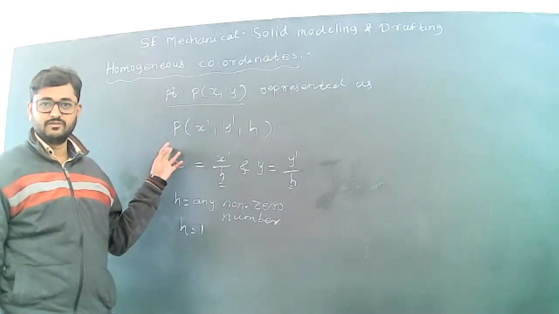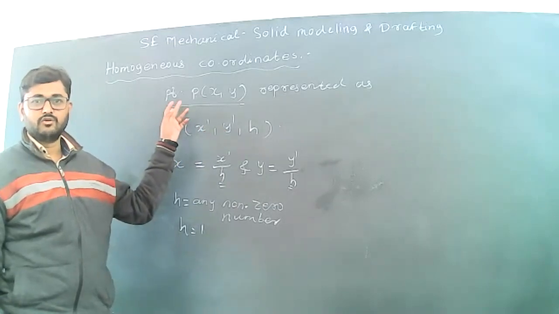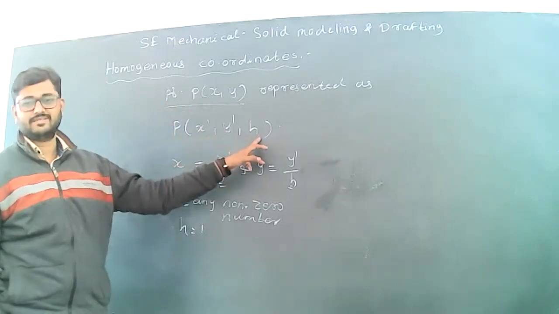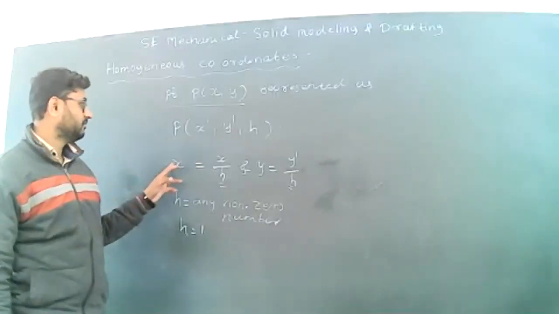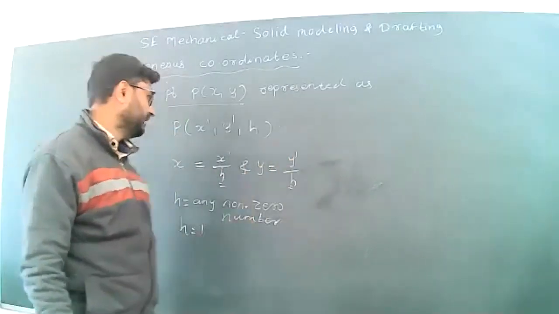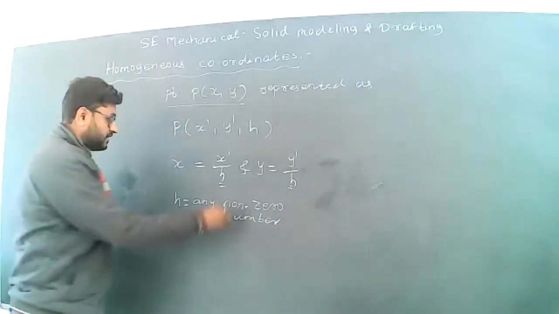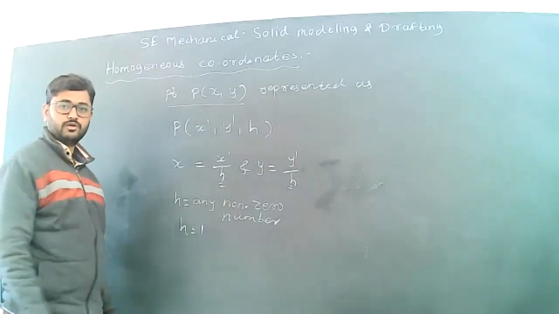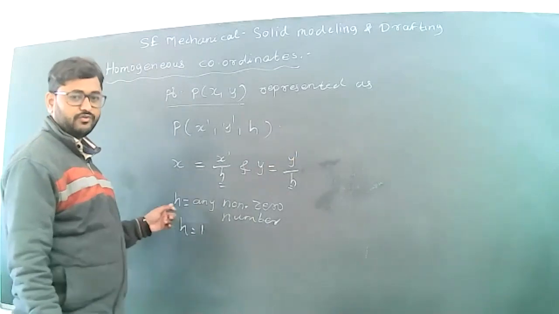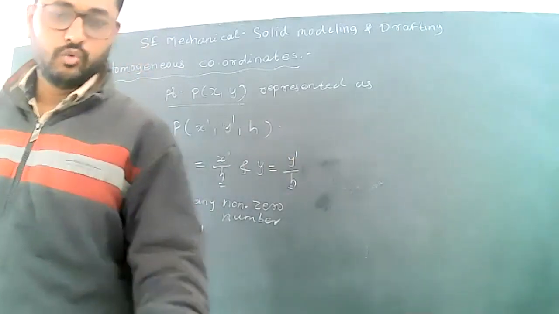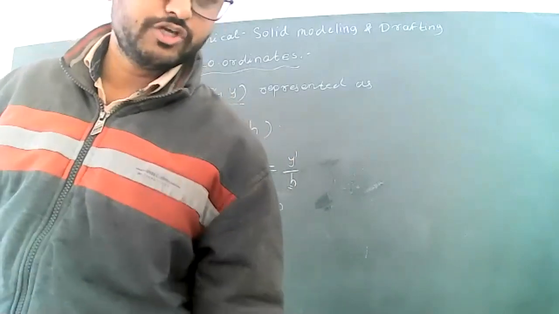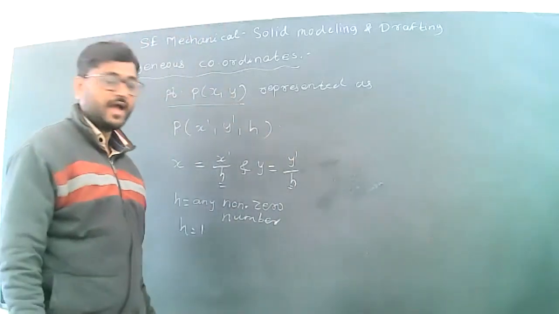So in the homogeneous coordinate system, take a simple example of a point P having coordinates (x, y). If you convert the given normal system into the homogeneous coordinate system, it is P(x', y', h), where x is x' upon h and y is y' upon h. Here h is any non-zero number, and the convenient value is 1. This is the simple example of the homogeneous coordinate system.